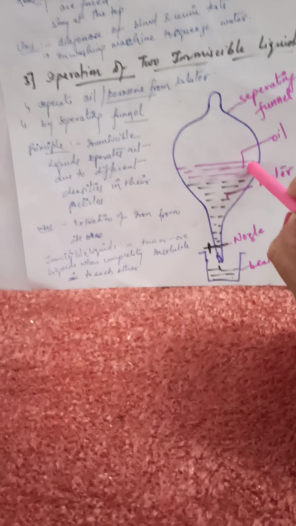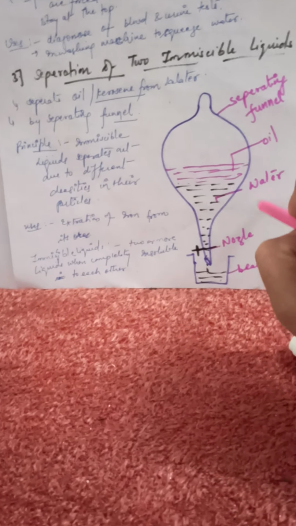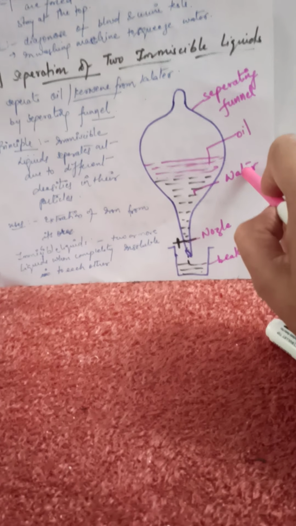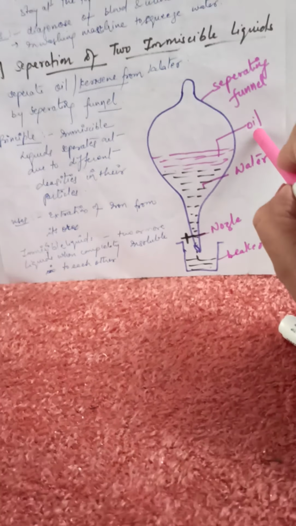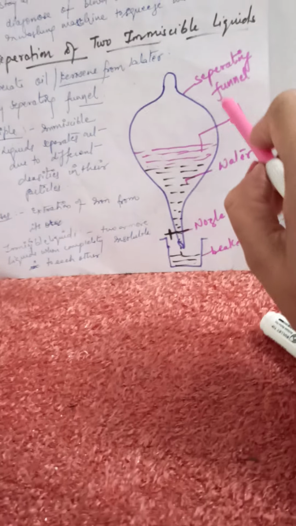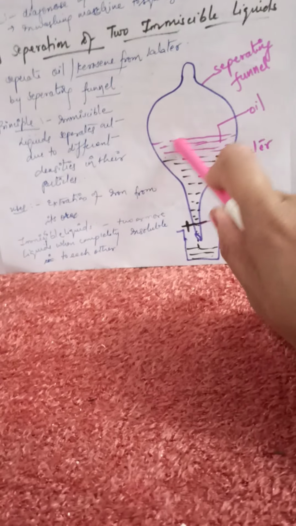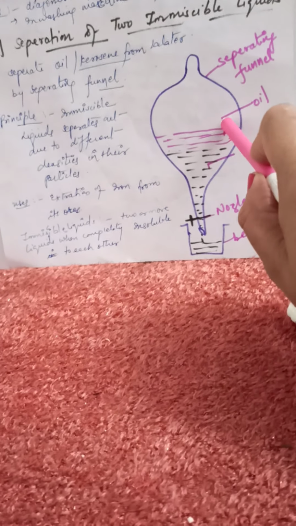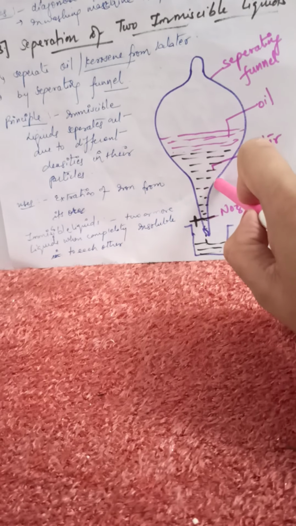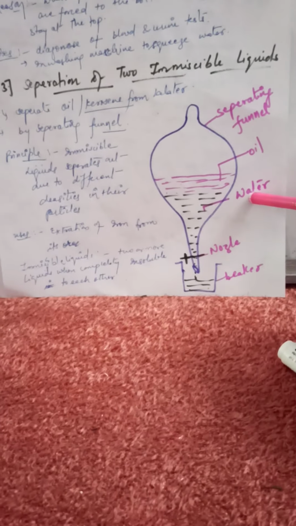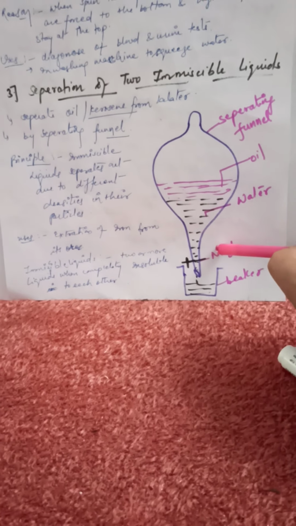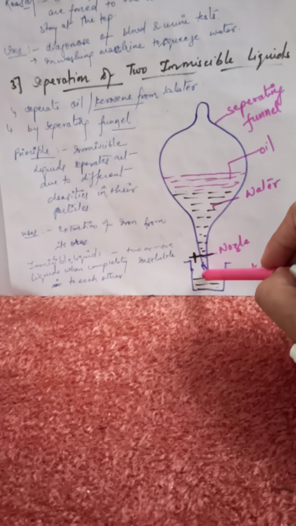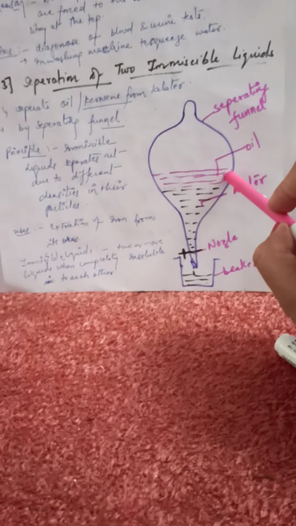As we all know, water density is higher compared to oil, kerosene, diesel, petrol. So oil floats on the surface of the water and forms the upper layer, and the beneath layer is water, because water has higher density. Now, under the control of the nozzle, we can separate the water from the oil layer. I hope this is clear.